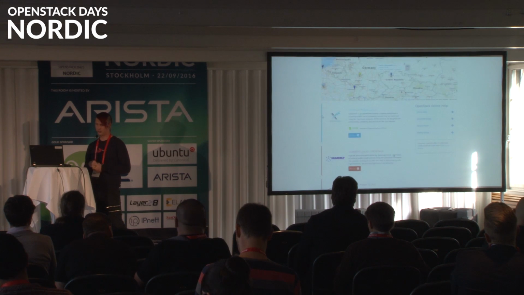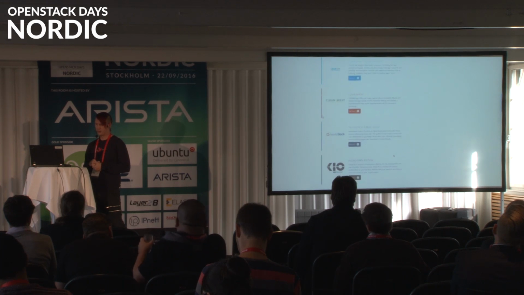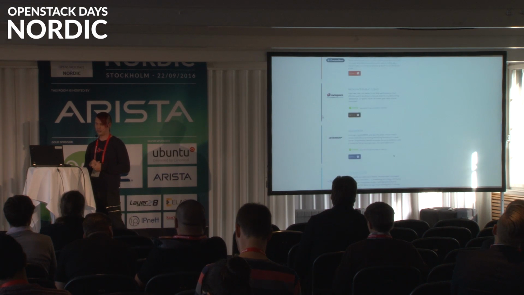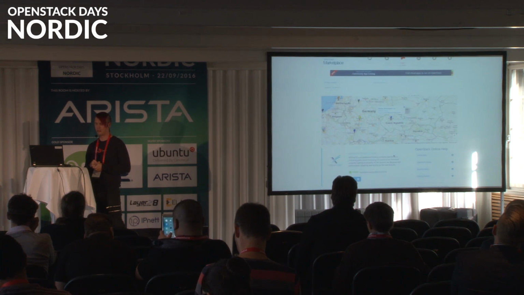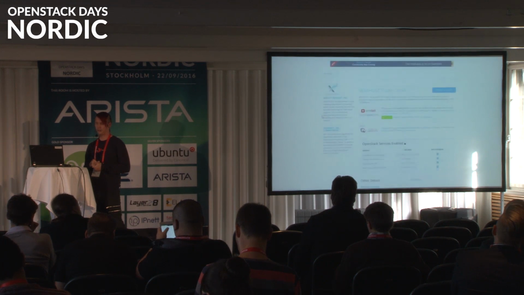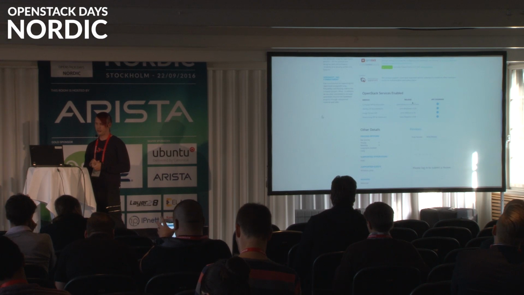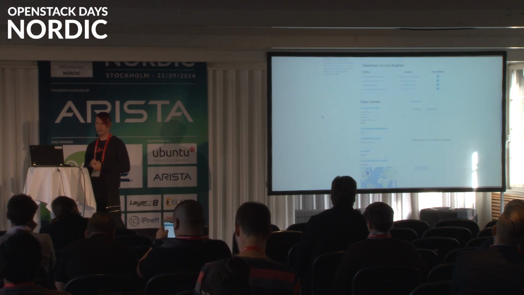For Czech Republic, there will be Ultimum. And then I could see, based on which test and which version of OpenStack, what these public clouds are supporting. So I could go into detail for one of them. So for VexHost, for example, I could see the API versions that they support.